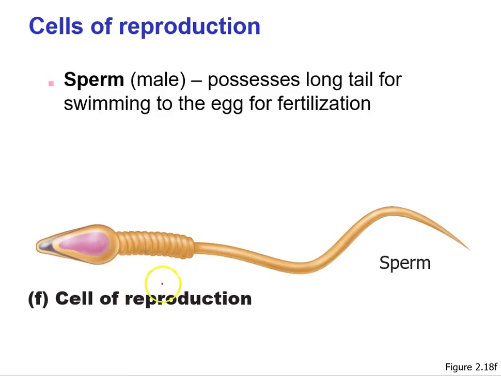Look at the shape of a sperm cell. It's so unique, right? It has a very long tail, which allows the sperm to swim to the egg for fertilization. Also, it has many mitochondria in the middle part of the sperm, because for movement it needs a lot of energy.